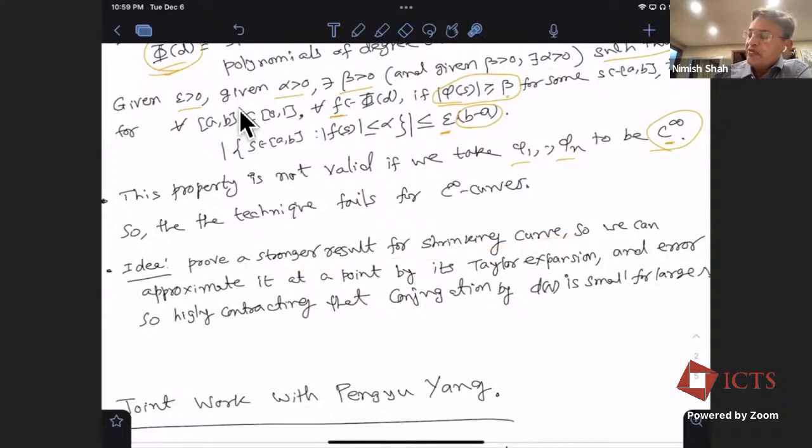And while we do the equidistribution, while we do the translate, we want to shrink the range on which s changes, so that we can approximate it at a given point by its Taylor expansion, some finite Taylor expansion. And for the error term, we want to choose a long enough Taylor expansion so that the error, when you expand it by dn, is very small.